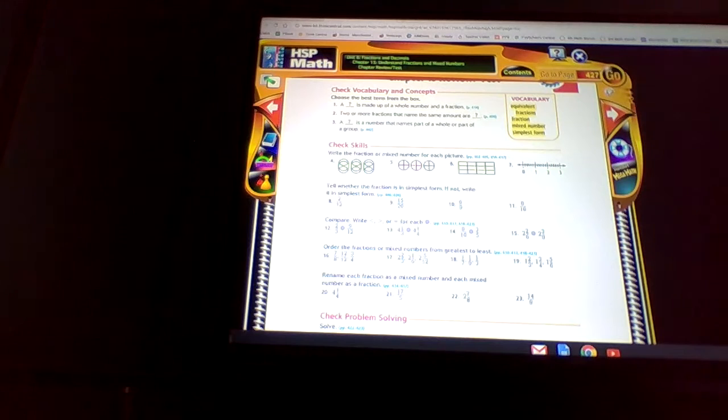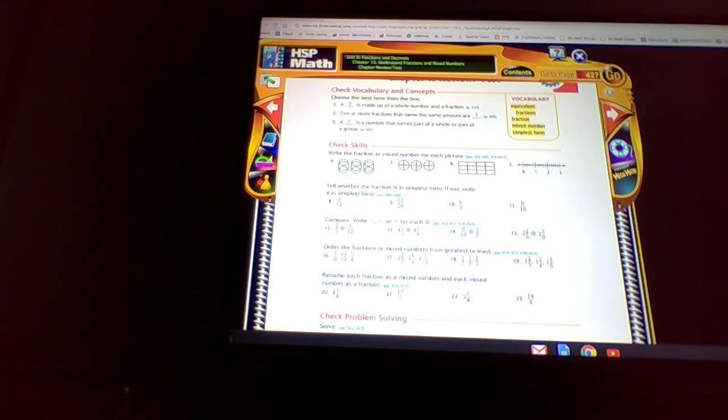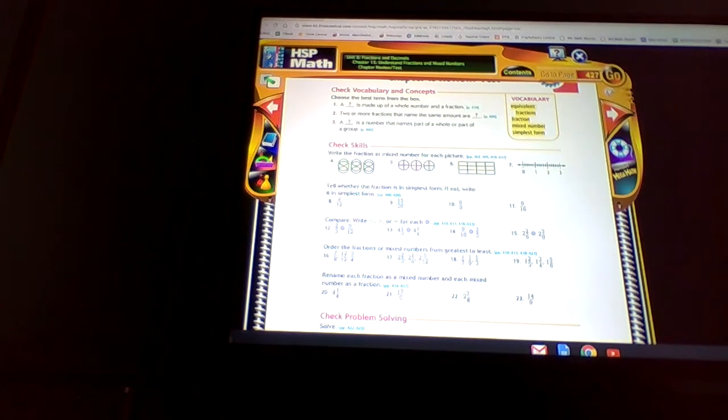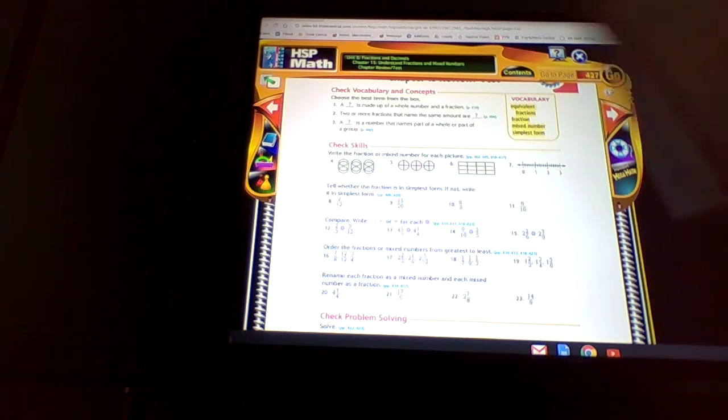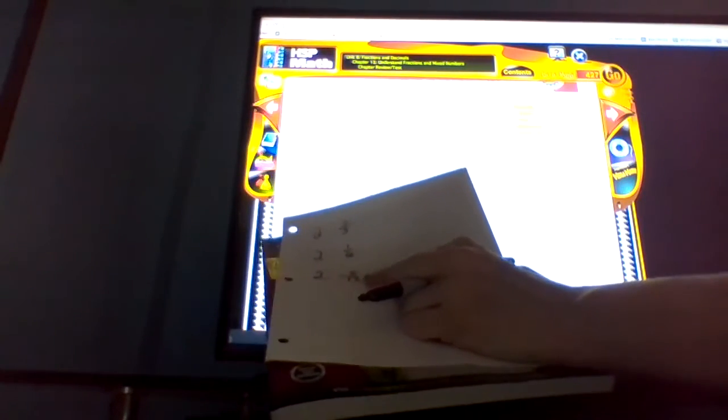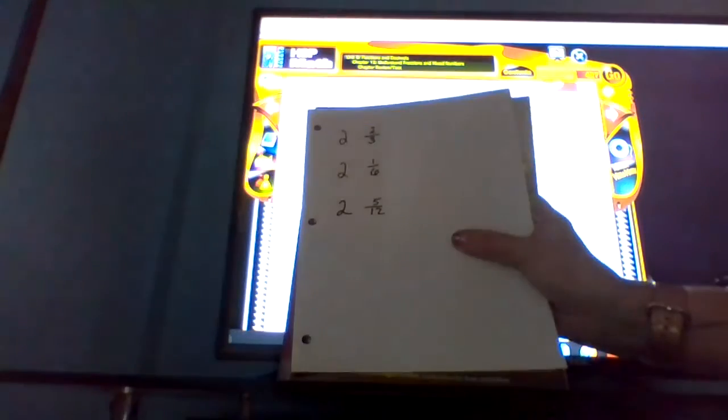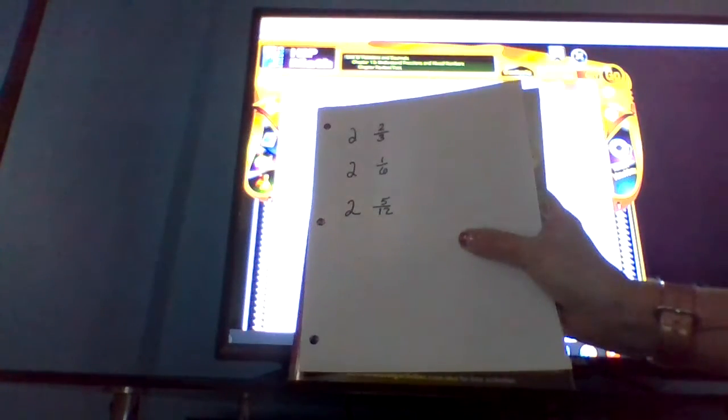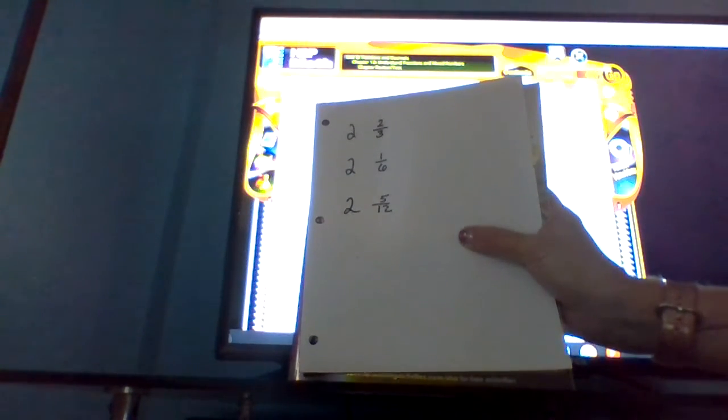Remember, it's the fraction I need to change because they all have the same whole number. 2 1/6. 2 5/12. Look at your greatest denominator. Well, it's going to be 12. Is there anything I can do to 3 to turn it into a 12? Yeah. What about my 6th? Can I do anything to that to turn it into a 12? Yes.